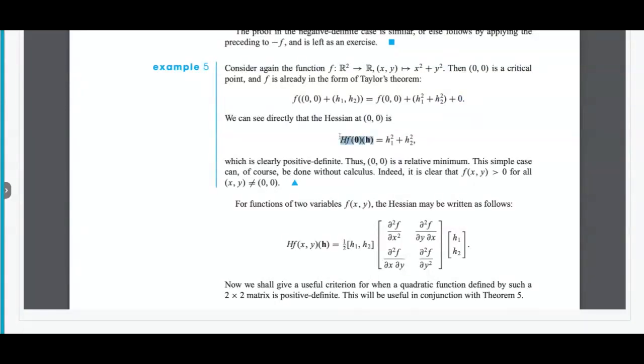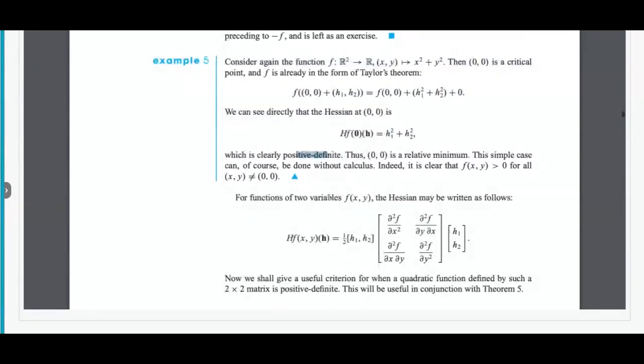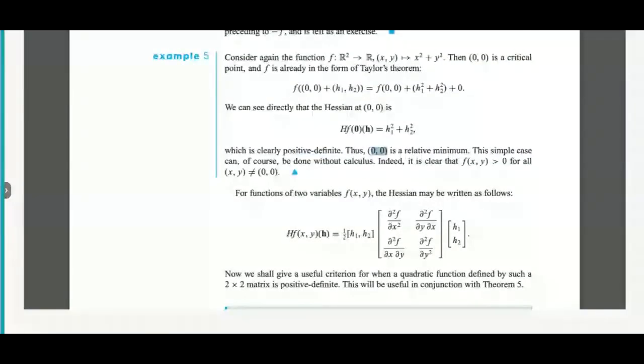So the Hessian evaluated at the origin is just the difference in x direction squared plus the difference in y direction squared, which is clearly positive. So that means (0, 0) is a relative minimum.